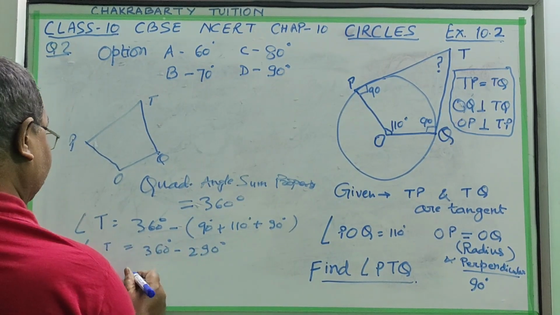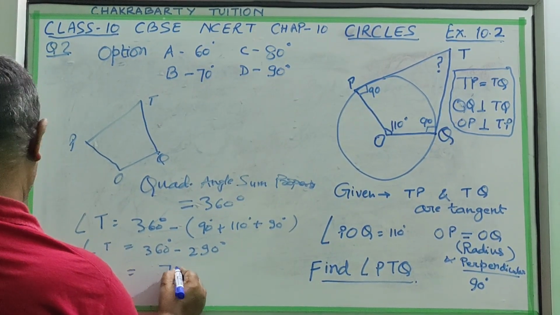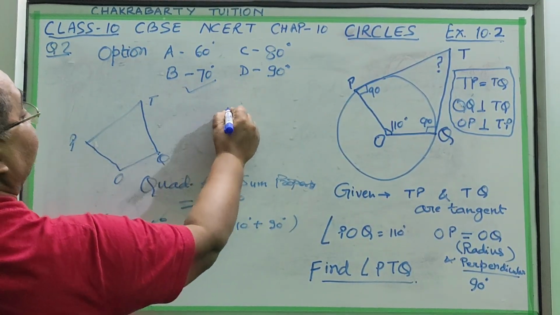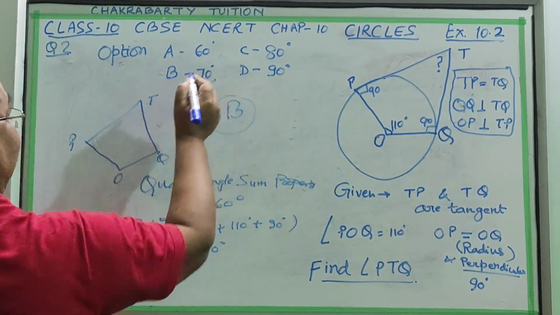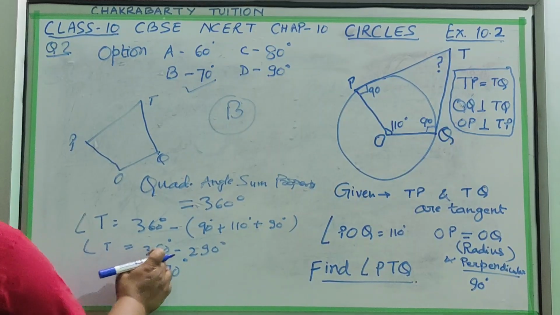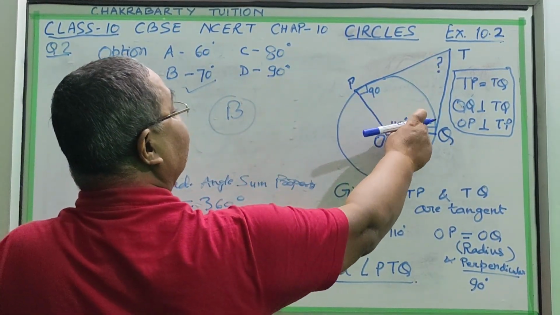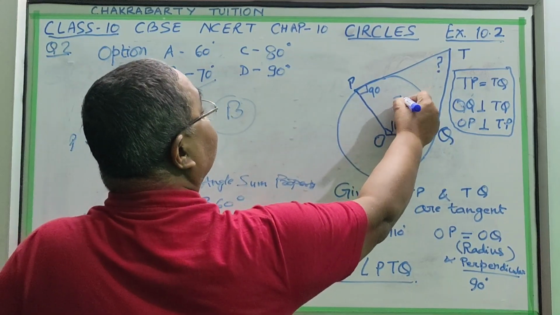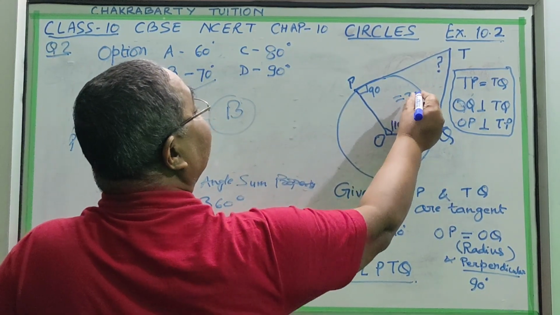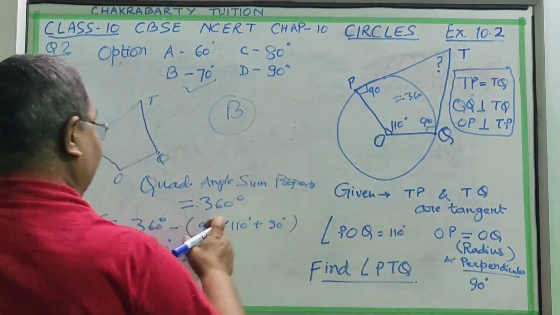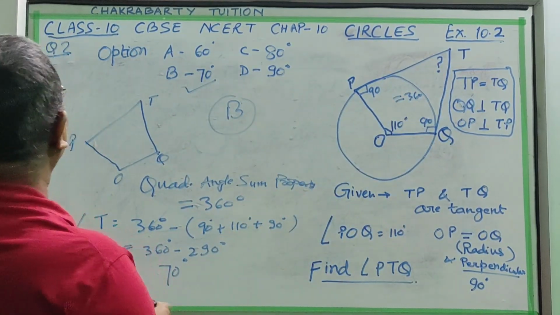From 360 we will get 70 degree. Answer will be your 70 degree. So here option B is your answer because 70 degrees is given. Angle sum property means all these angles should be equal to 360 degrees. From 360 we have reduced, and we can find out the fourth angle. Okay, in this way question 2 is over.